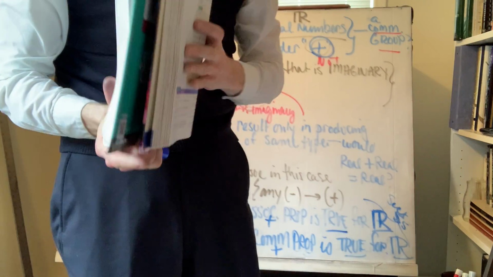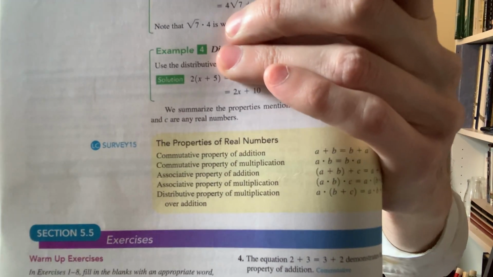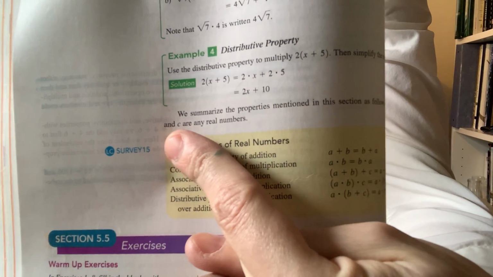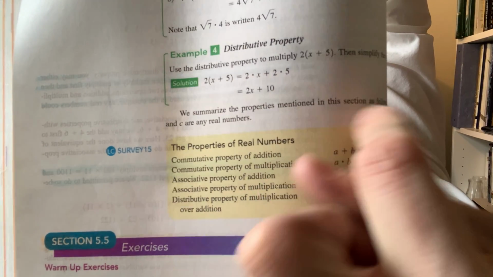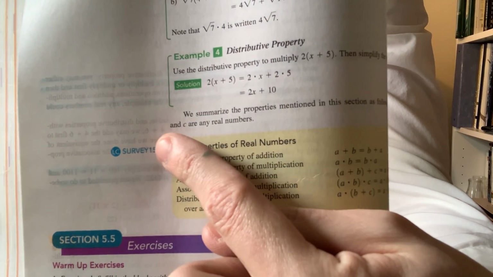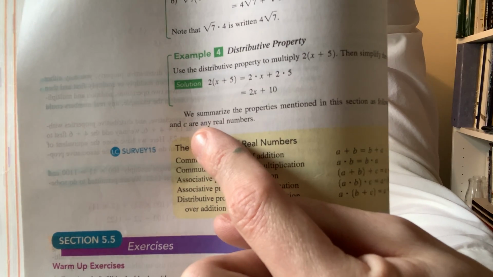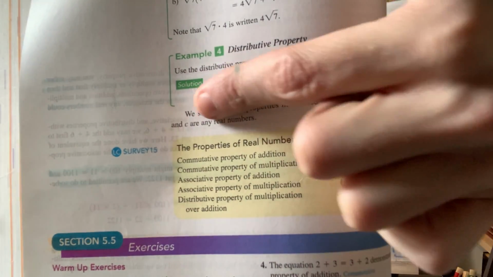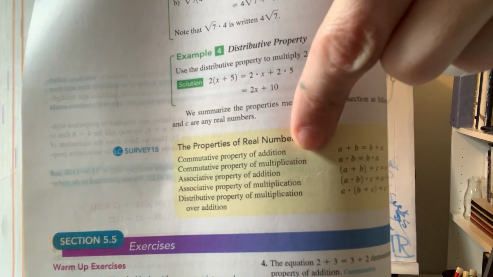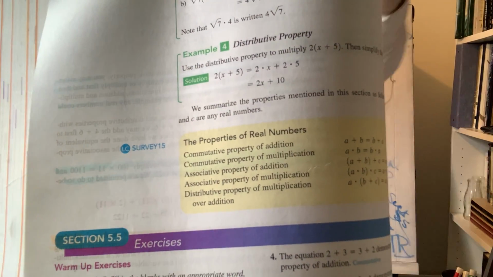Here, I'll just show you this. I know you may not have a physical copy, but take a look at this. We summarize the properties mentioned in this section. A, B, and C are any real number. So commutative property of addition, commutative property of multiplication. We're concerned with addition in this case.